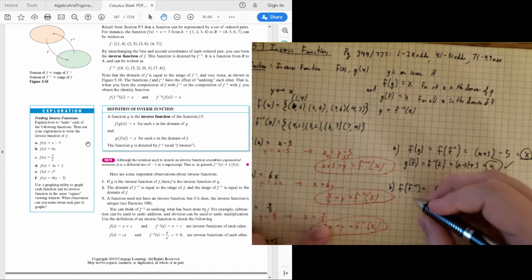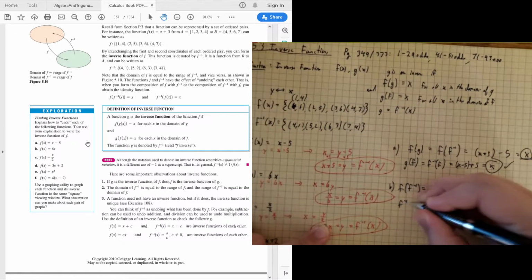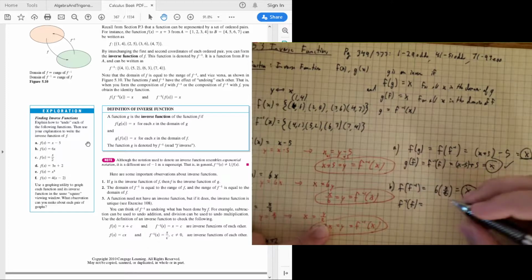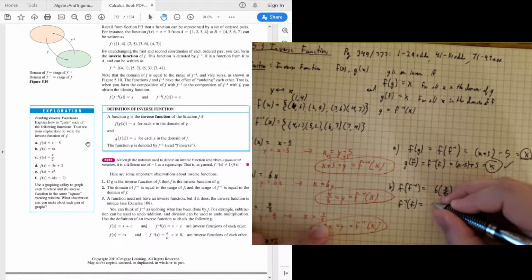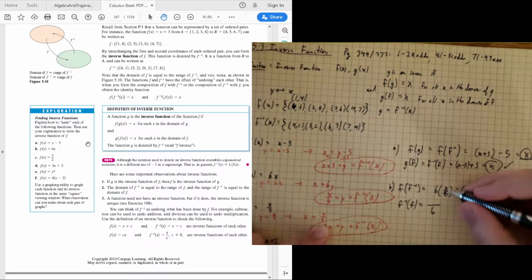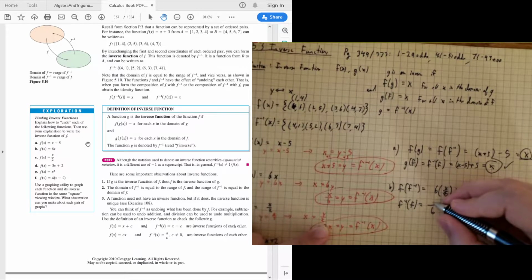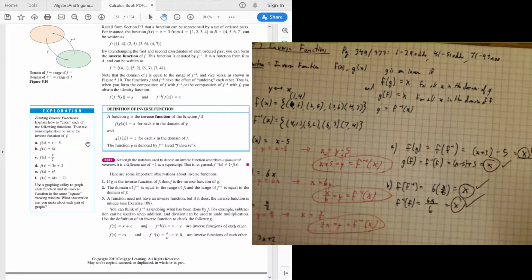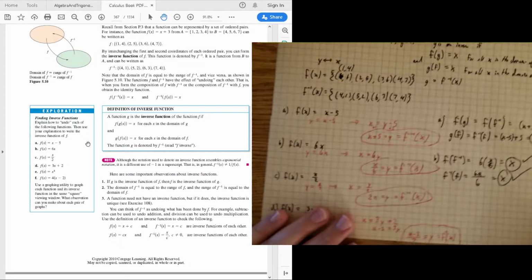Same thing here. If I do f inverse of f, I will get x over 6. But remember, my x is now the f function, which is 6x, which gets me right back to just x by itself. There's no way to avoid this with these kinds of functions.